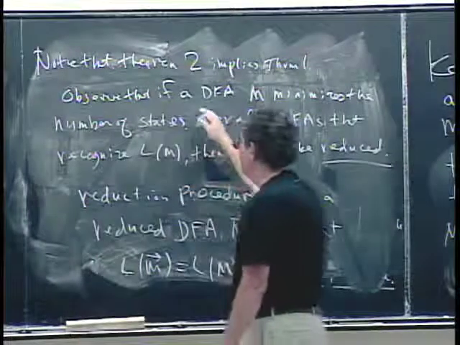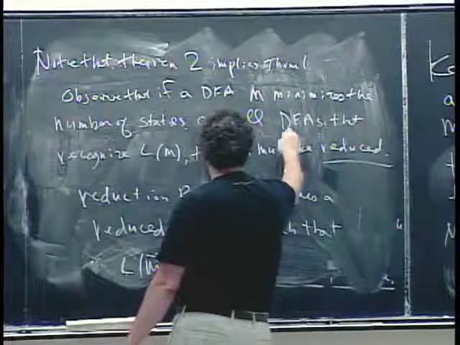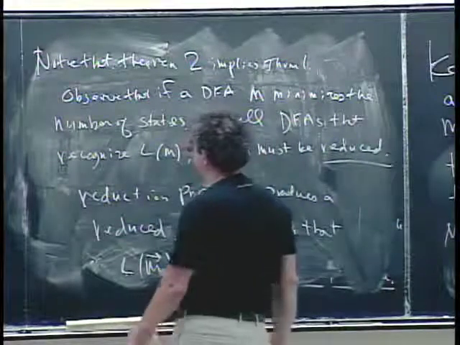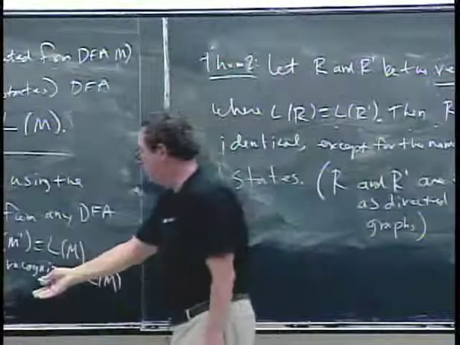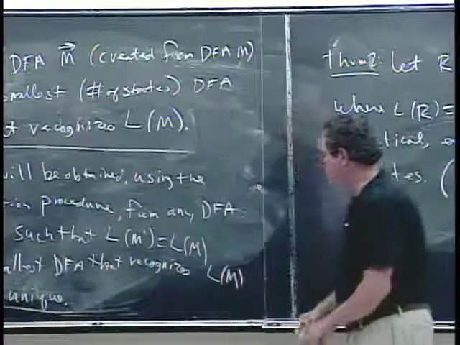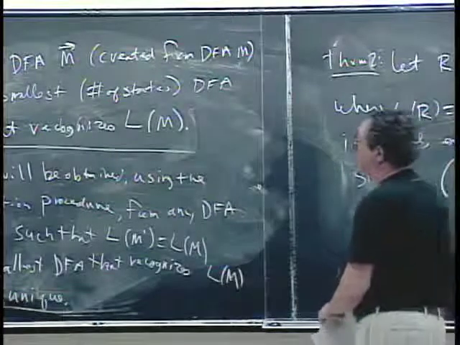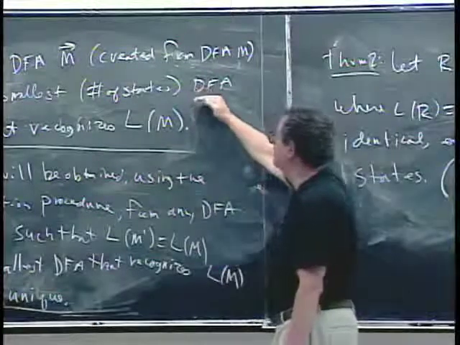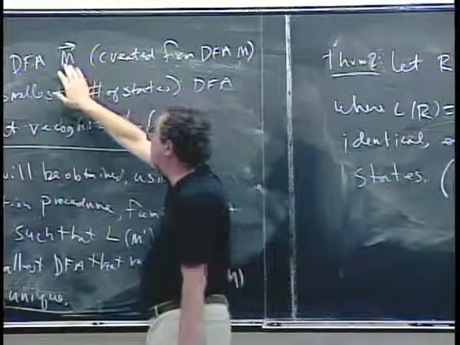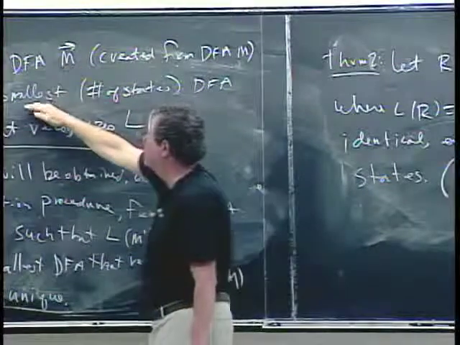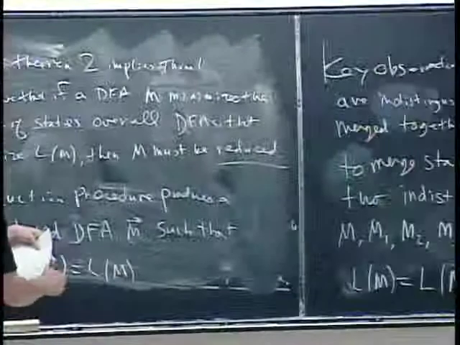Okay? So this first part says that the DFA that minimizes the number of states must be reduced. You apply this, and therefore there's only one that minimizes the number of states. And since we know that the reduction procedure produces a reduced DFA, then we get this one as well. That what comes out of the reduction procedure, M bar, is in fact the unique DFA that minimizes the number of states. Okay.